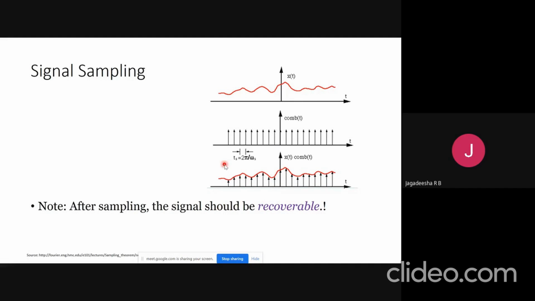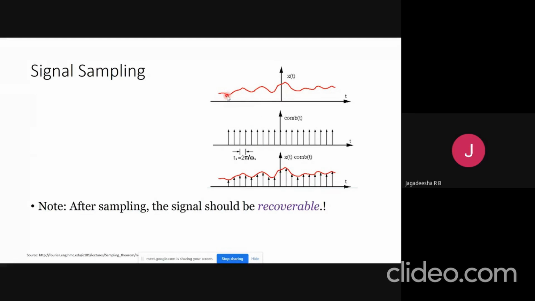So now the question is, how frequent should these pulses be? Or in other words, if there is an analog signal, we want to chop or break it at different time instants. How many pieces shall we make so that it is recoverable at the receiver? Because based on the number of pieces you make, your recoverability will be influenced.